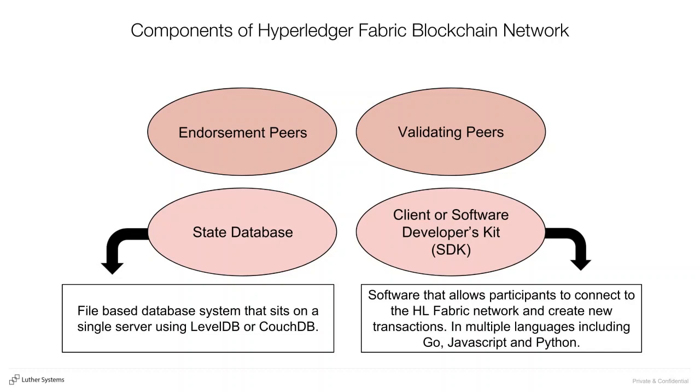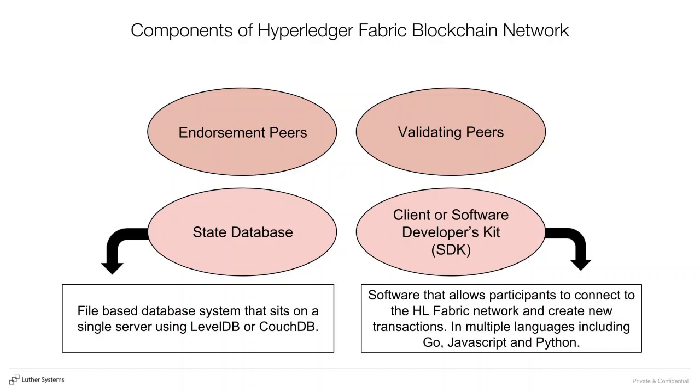submit those transactions to be endorsed according to the chain code policies, and then submit the transaction to be ordered, verifying that the transaction was ordered in a block, and that would all be provided through this blockchain client or this SDK. So HyperLedger Fabric has SDKs in a few different languages.